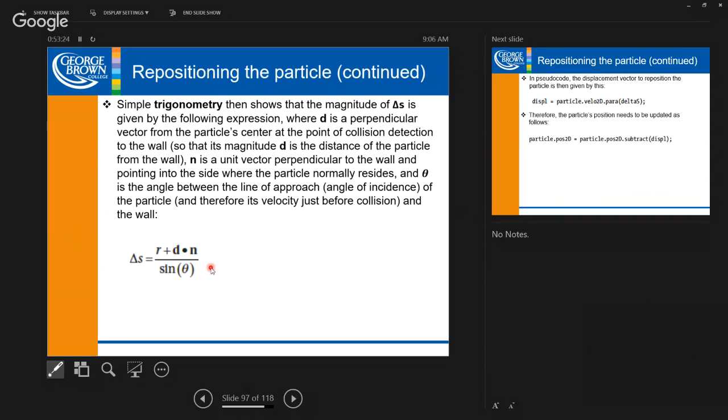The normal is a vector perpendicular to the surface, and then over sine theta, where theta is the angle of attack. So you can use this equation easily to calculate the new destination, the displacement, based on what the angles mean. You can also solve for the angle. What's the new angle, as an example, based on the total displacement, that kind of stuff.